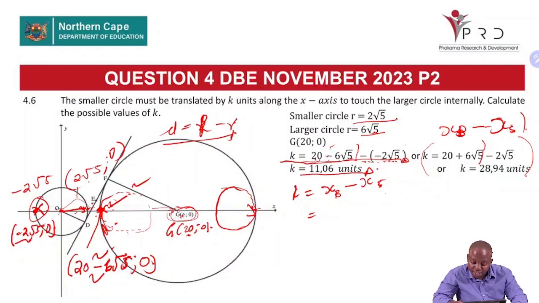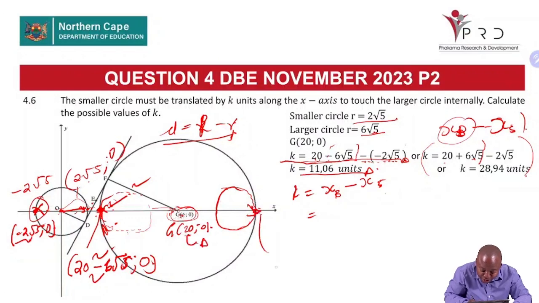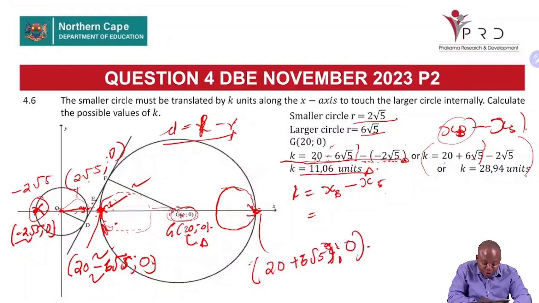So to get this coordinate, the x value will be 20 plus the radius, which is now 6 root 5, 0. Then we say the x of the big circle minus the x of the smaller circle. Then we get k is 28,94 units.